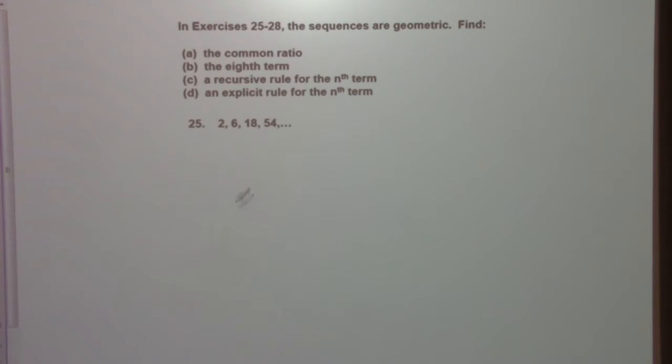All right? So for part A, our common ratio is what we multiply by each term to get to its successive higher term. Here it'll be times 3, and we see that applies for each of these multiplications. So we say r is equal to 3, which stands for the common ratio.